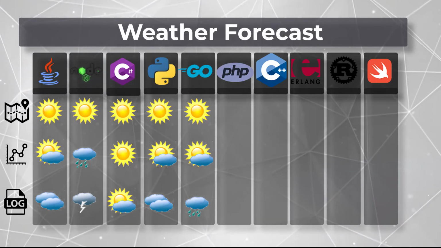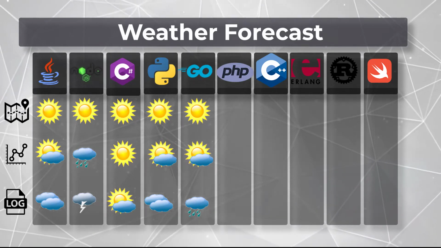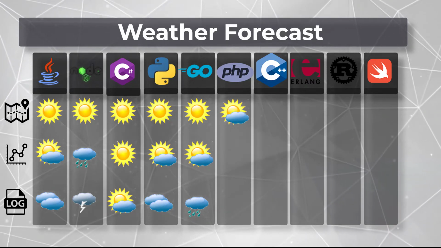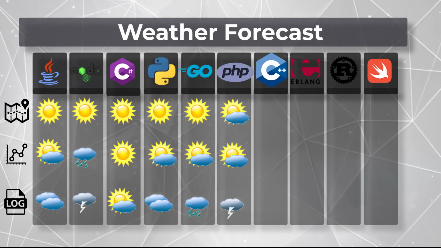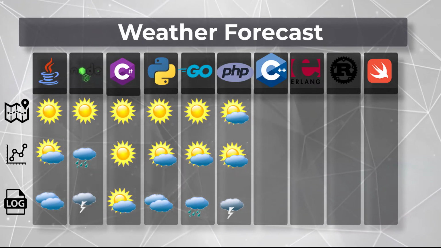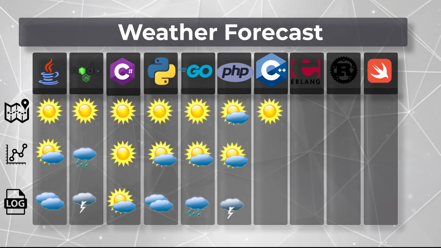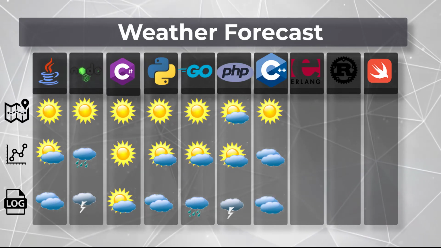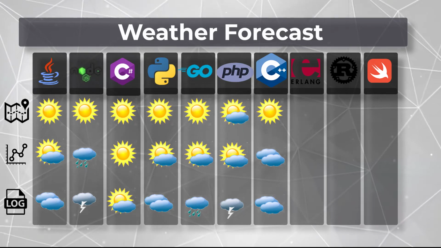OpenTelemetry PHP, version 0.0.10 is pre-alpha version for tracing. Metrics is pre-alpha and logs not implemented. OpenTelemetry C++, version 1.3.0. Traces stable, metrics experimental, and logs experimental. Erlang, version 1.0.2.